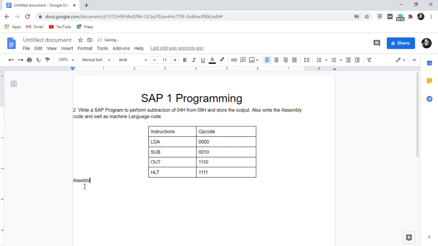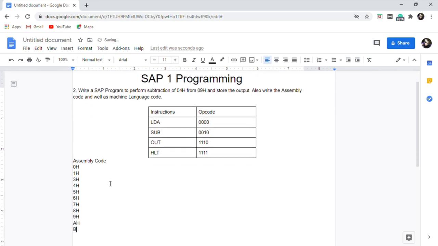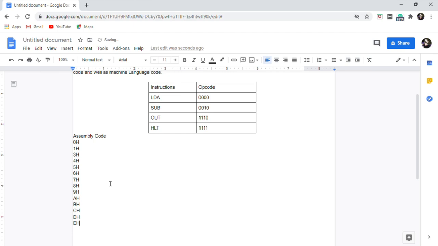Assembly code. So there are 16 addresses, so we should write the addresses first. 6H, 7H, 8H, 9H, after 9 comes AH, then BH, CH, DH, EH, and after that FH. These 16 addresses are divided into 2.